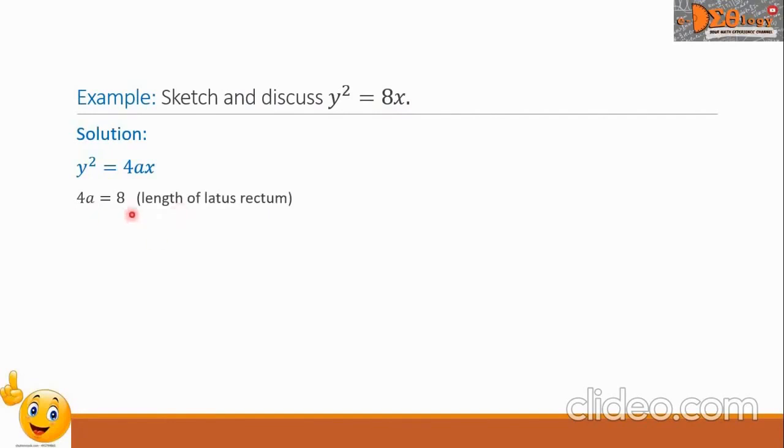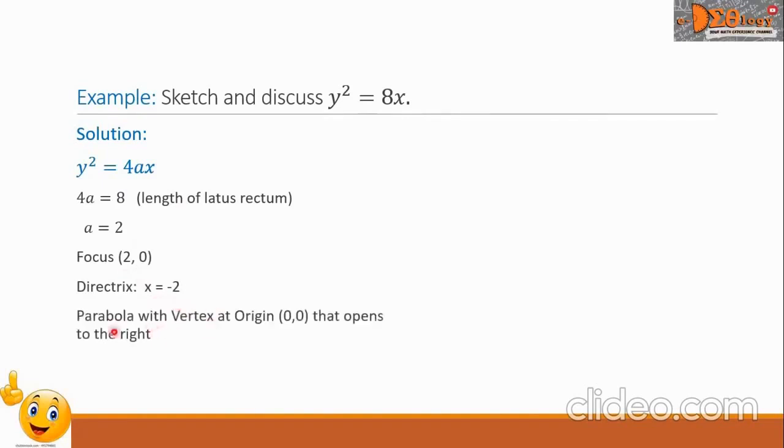Simplifying this equation now, we can get the value of a. Let us divide the equation by 4, so the value of a equals 2. And from here, we can now write the coordinates of the focus, and that is (2, 0). Also, we can write the equation of the directrix, that is x equals negative 2.